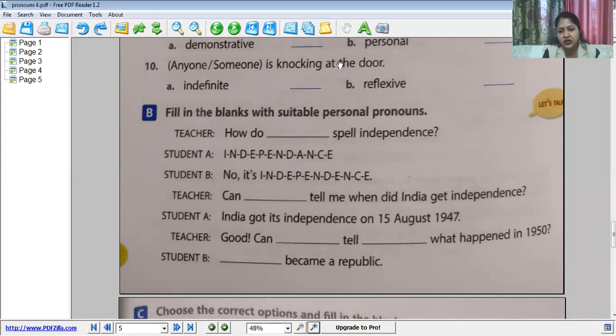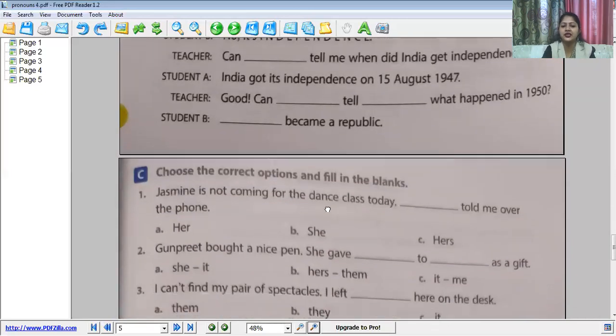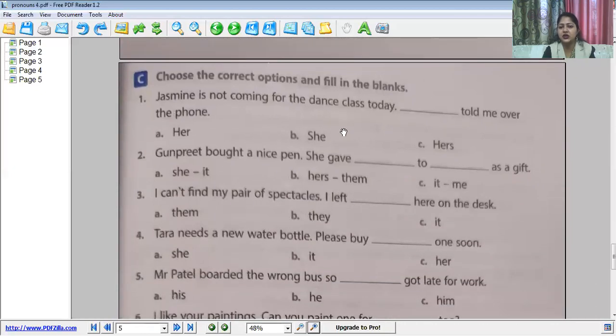Okay. So generally students, when we talk about India, we say she became a republic. But you can use it became a republic. Okay, children? You might have heard in news and all, they indicate countries as she.